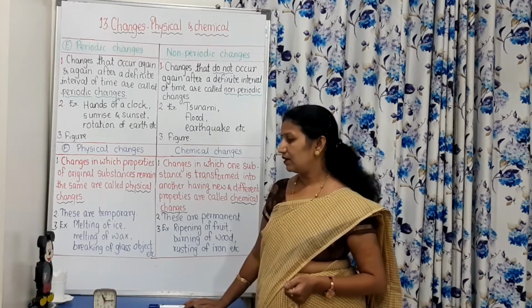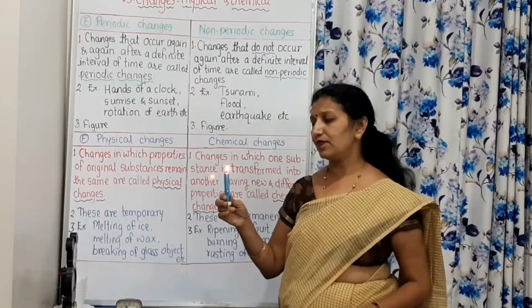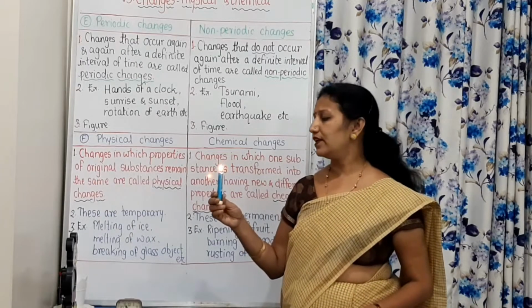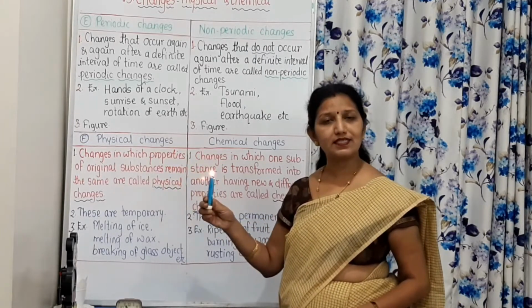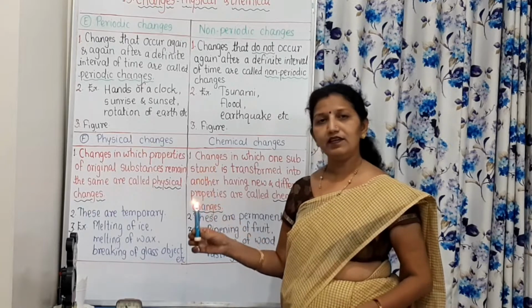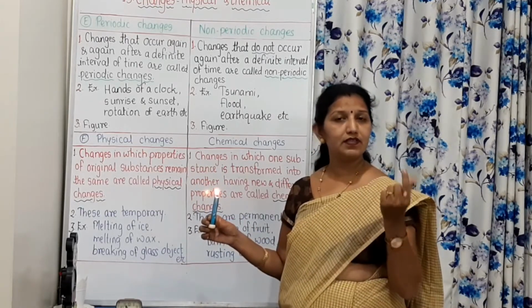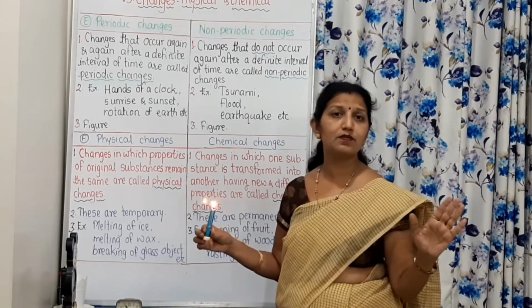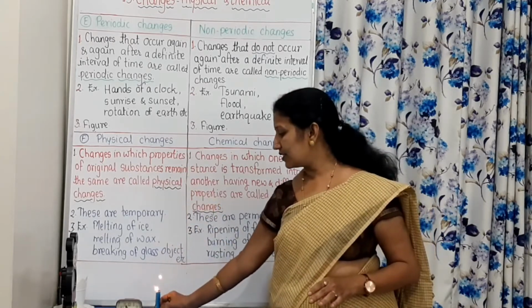The best example is melting of wax. When this wax melts, there is no change in the properties of the original wax. After melting, if it is taken into a mold and given any other shape, at that time also the original substance does not change and it remains as it is.